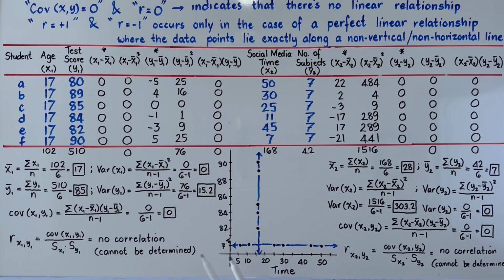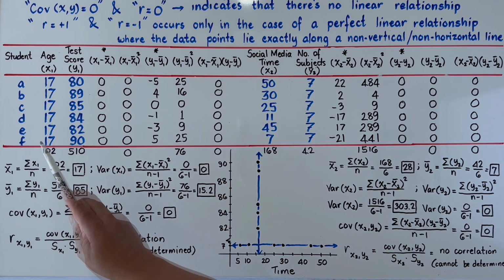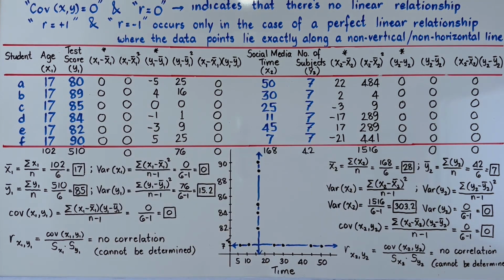So these are the two examples wherein the correlation coefficient cannot be determined. So there is no correlation. That means the two variables are not related to each other. So if it's constant, the variance is 0, therefore the covariance is 0, and hence the correlation coefficient cannot be determined. So there is no relationship between the two variables.